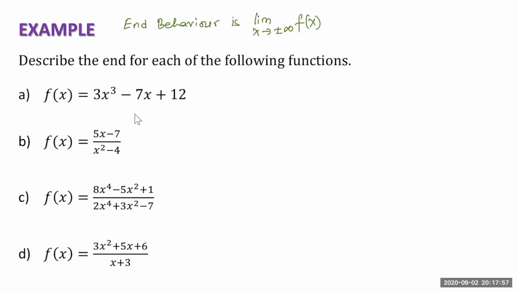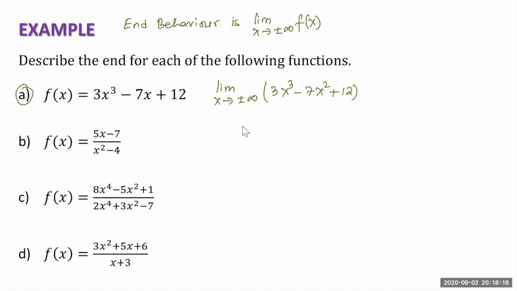So the first one is a polynomial function. To describe the end behavior of the polynomial function, we find the limit as x approaches plus or minus infinity of 3x cubed minus 7x squared plus 12.